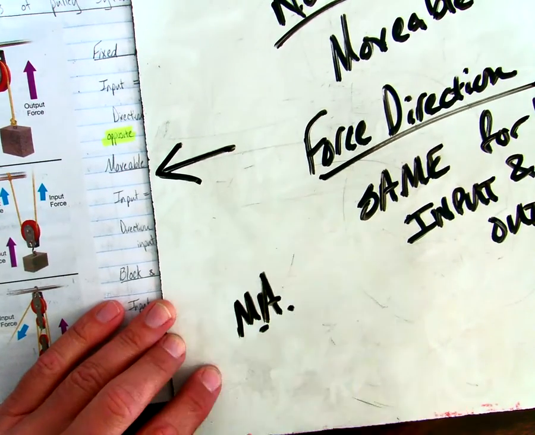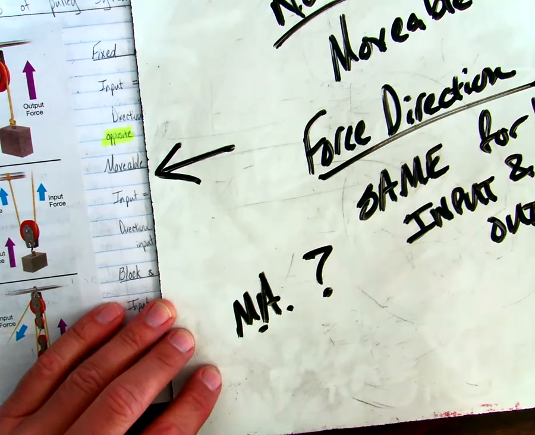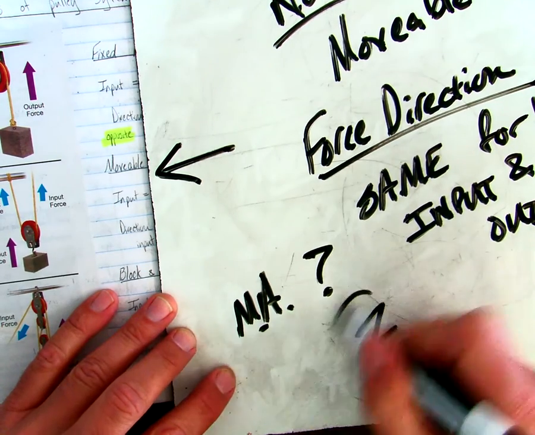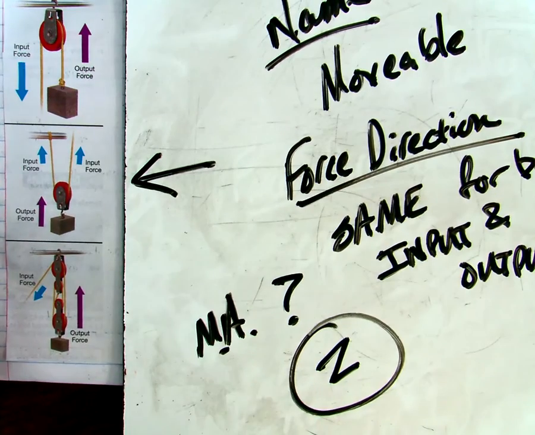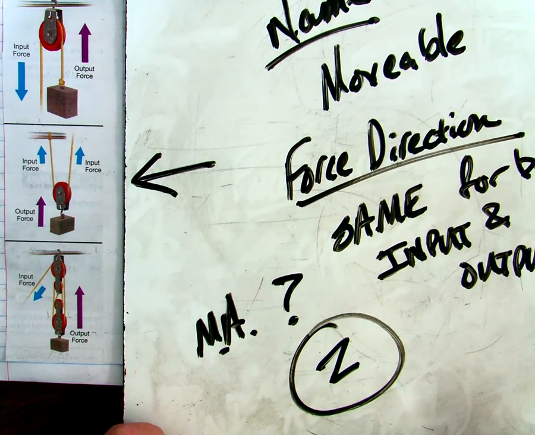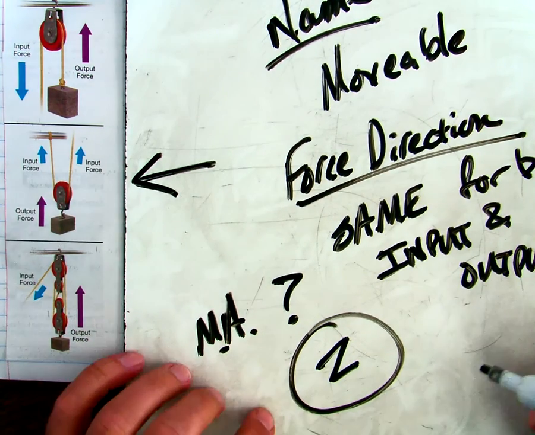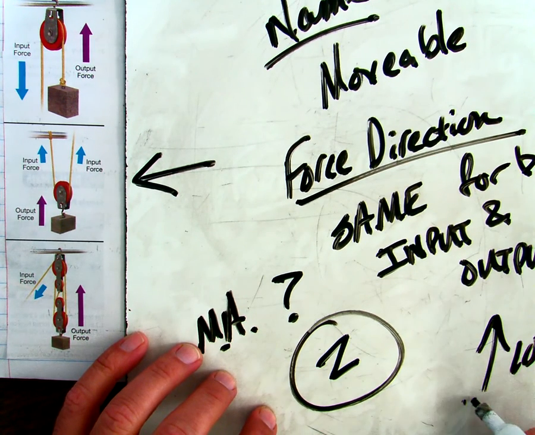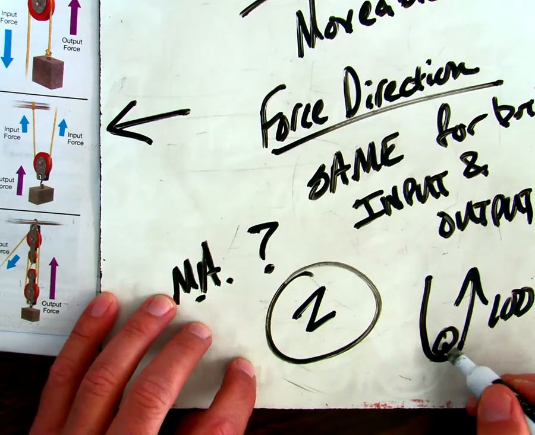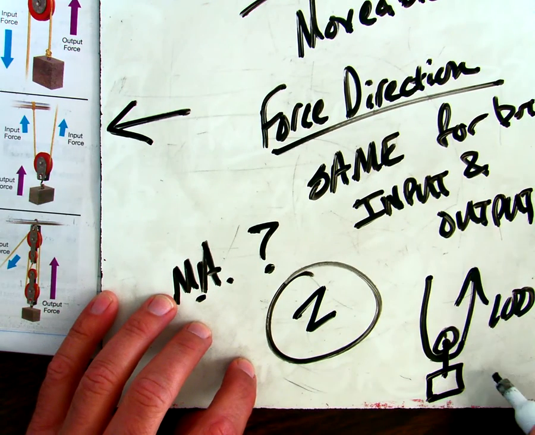I'm just going to put MA for mechanical advantage. It is 2. The mechanical advantage is 2 for our movable pulley system. So if we pull up with a force of 100, what acts on our block and our pulley system is 200.